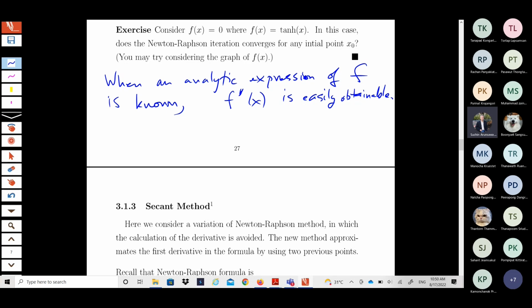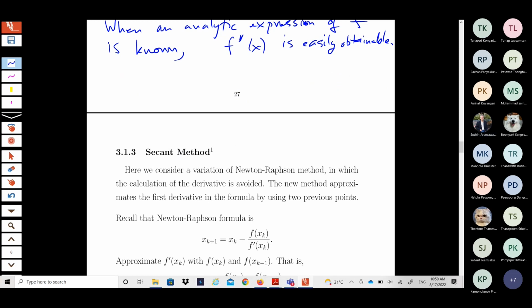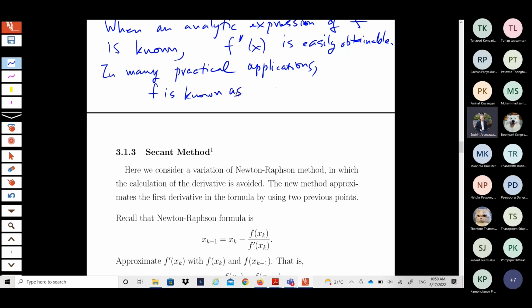However, if an analytical expression of the function f is not known, and this is most cases in any practical application, f is known as a black box, right?